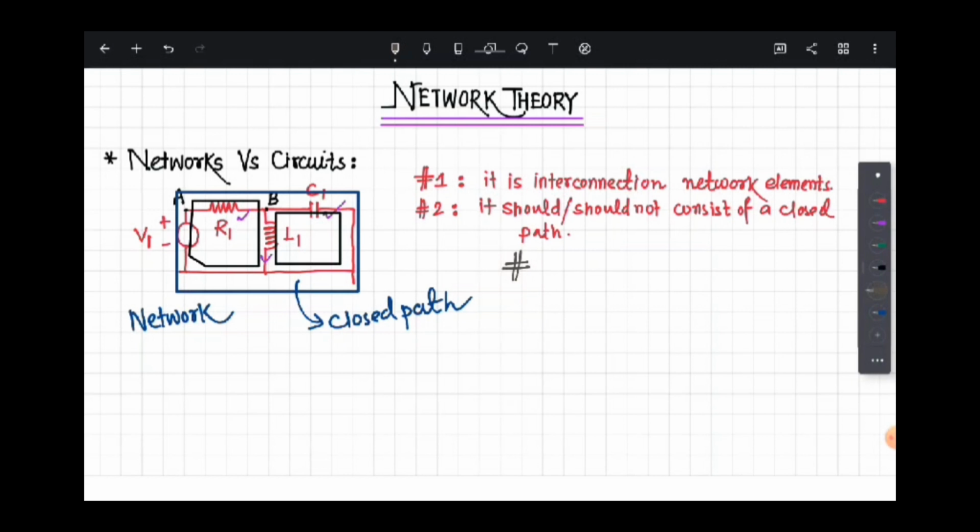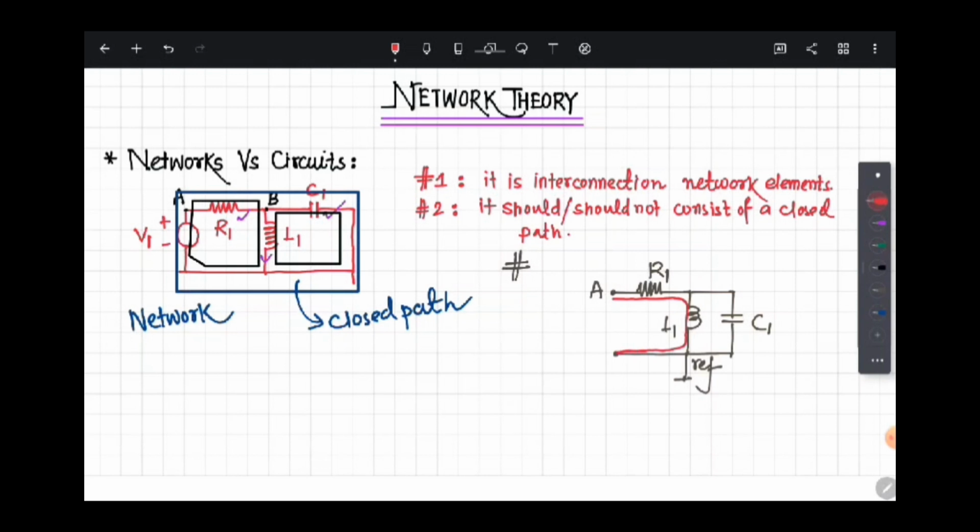So if we take this example, we take this resistor, we take this inductor, we take this capacitor, and we keep it like this. And this is node A, this is, let's say, reference node. As we see, if we start traversing from node A and we go by this path, we are not able to come back to node A. So this is not a closed path.